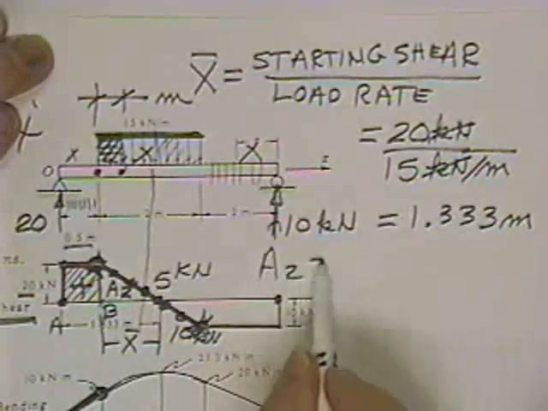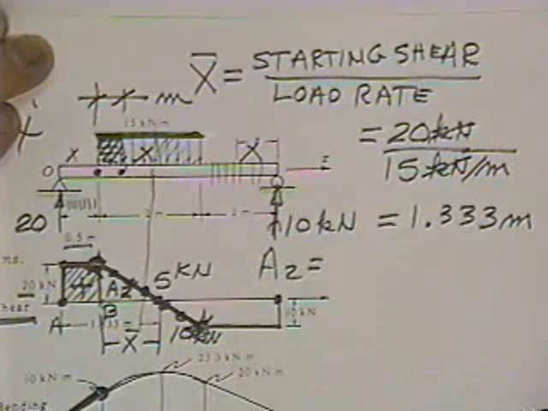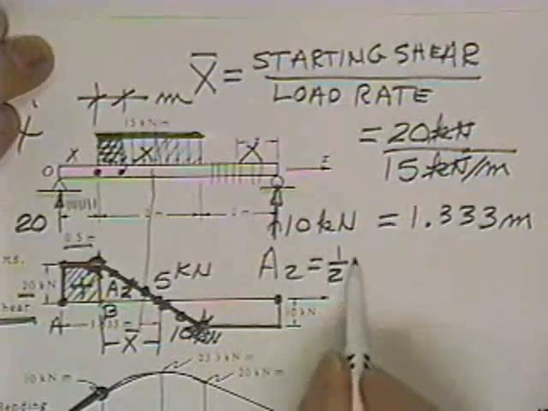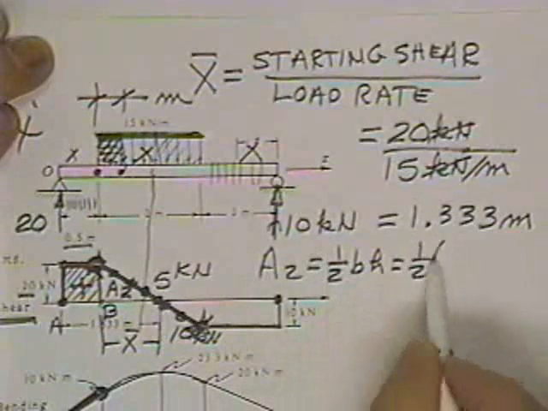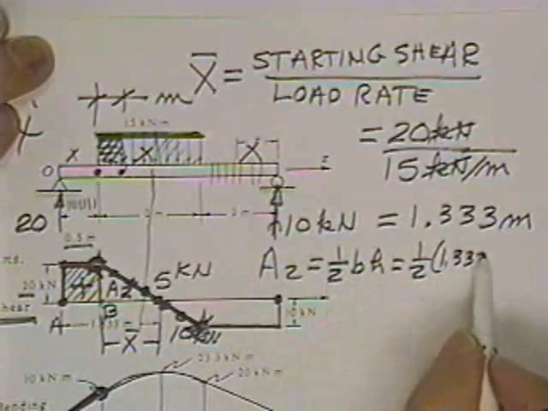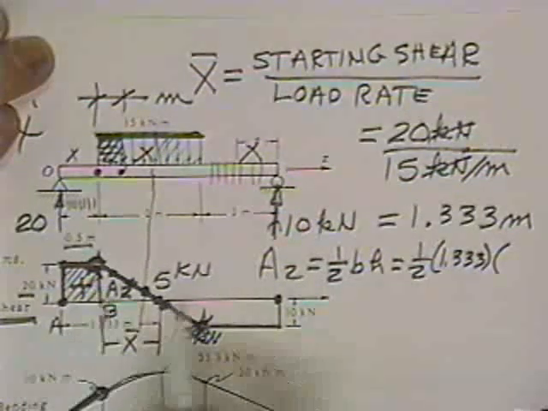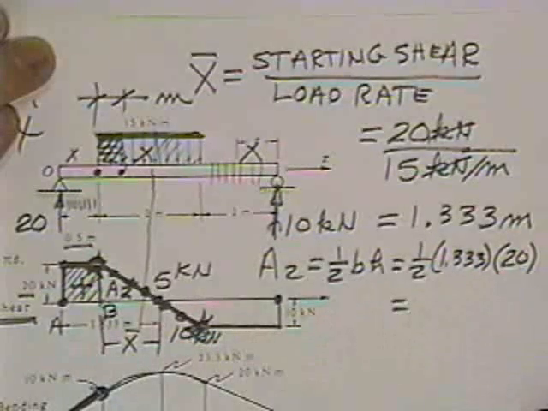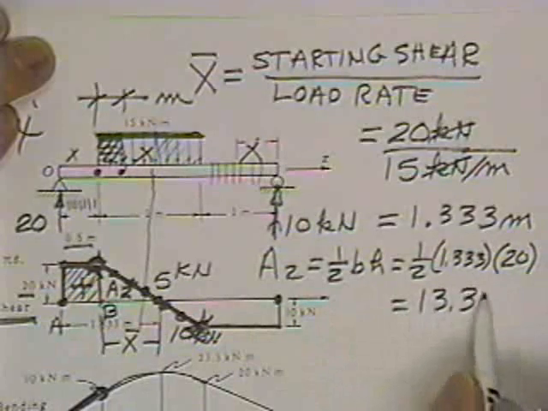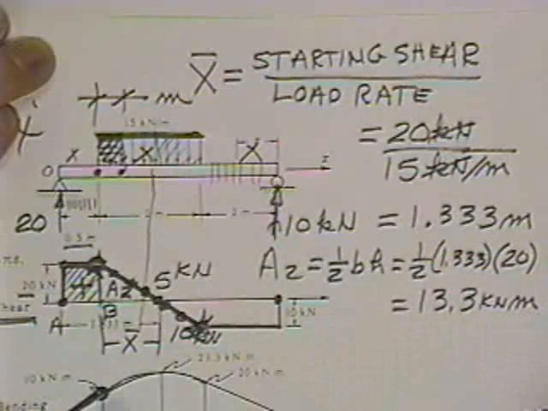Now I calculate how much area 2 is. Area 2 is a triangle, so that's 1/2 base times height. That's 1/2 of 1.333 meters. The height is 20 kilonewtons, which is equal to 13.3 kilonewton meters. So that's what this guy says.